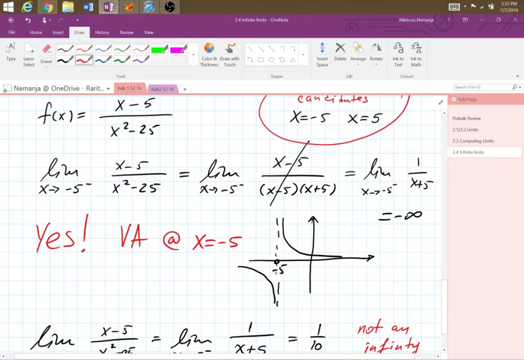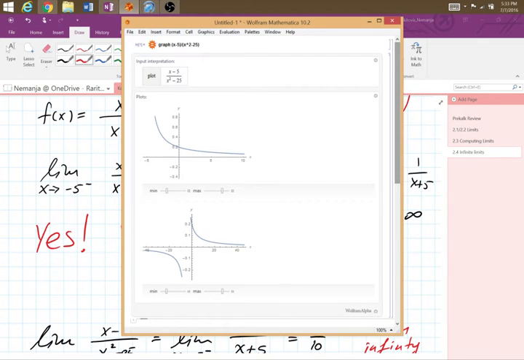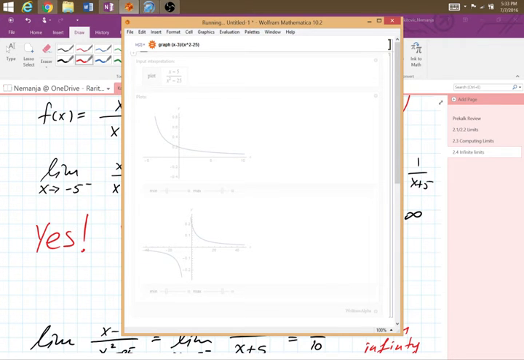Now I just want to point out that if the numerator was anything other than x minus 5, let's go with 3, in this case it would not cancel. Then you would have two vertical asymptotes.